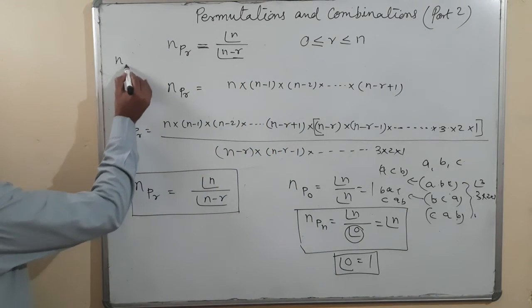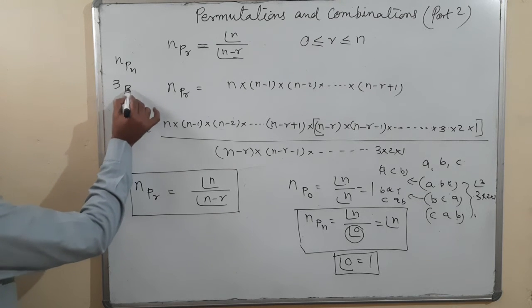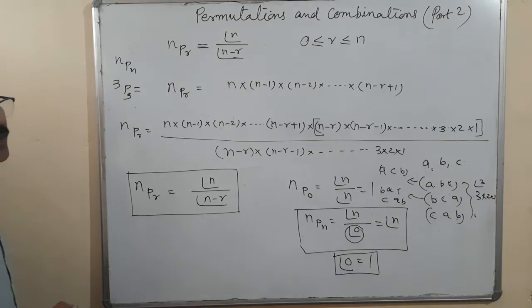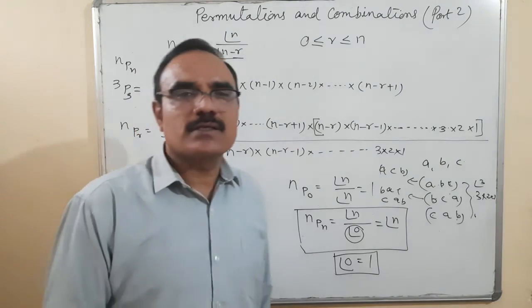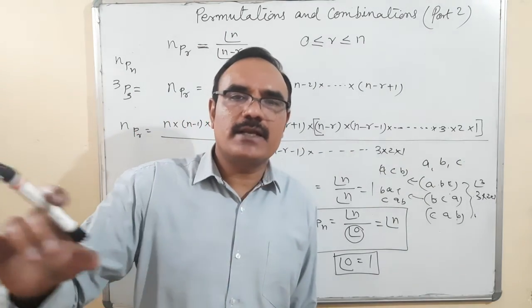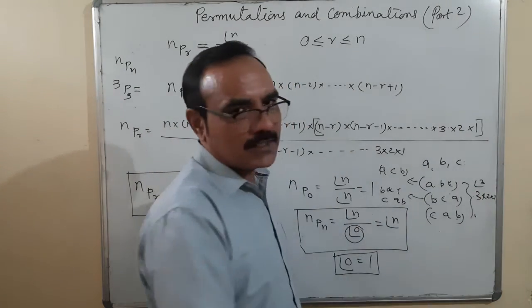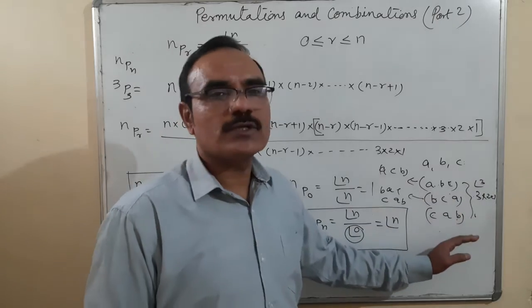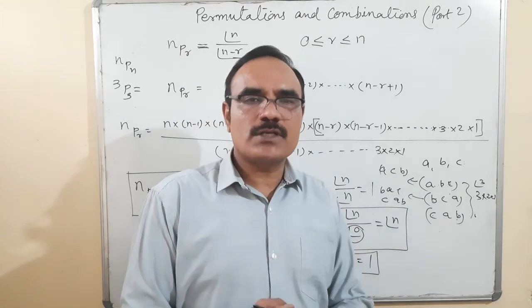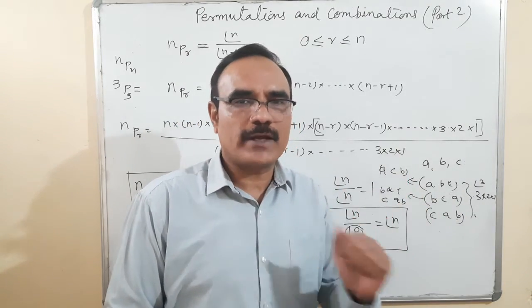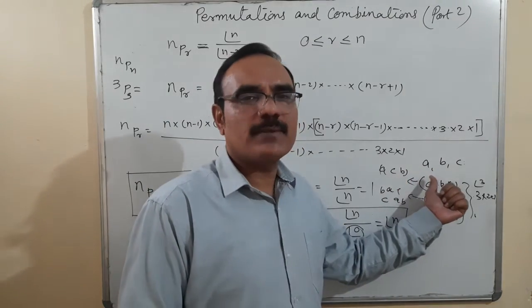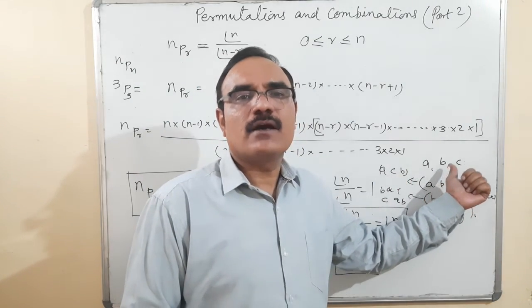Suppose in place of nPn, I have taken 3P3. What is the meaning of it? We have 3 objects and they are arranged in a definite order. So these are A, B, C, 3 objects we are going to arrange in a definite order. We have a total of 6 orders. And 6 orders, what does it mean? 3 into 2 into 1, factorial 3. So 3 objects can be arranged in how many different ways?